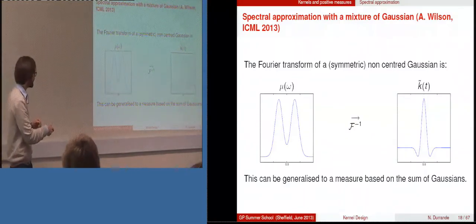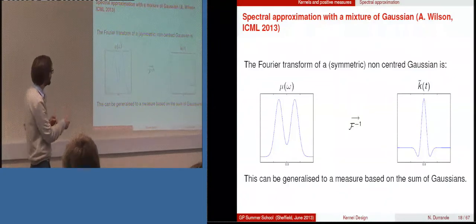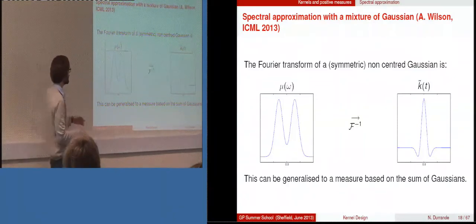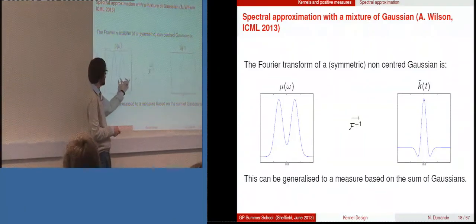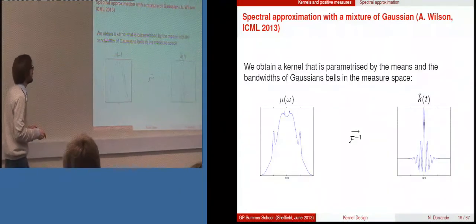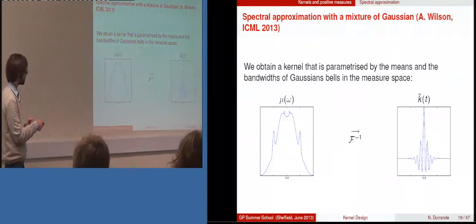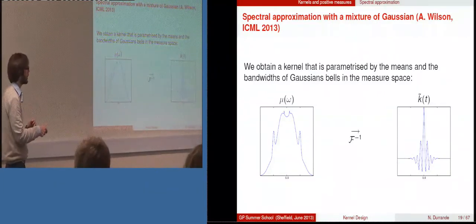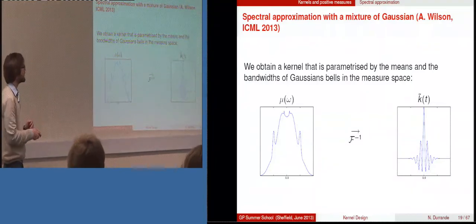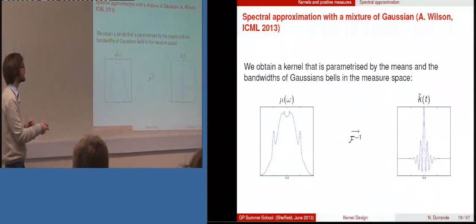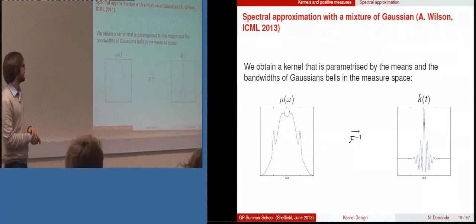So instead of taking one Gaussian, we will take a lot of them, parameterized by their mean and their bandwidth. And this is the kind of measure we can end up with. If you take the inverse Fourier transform of this measure, which is positive, you end up with a positive definite function that you can use as a kernel.